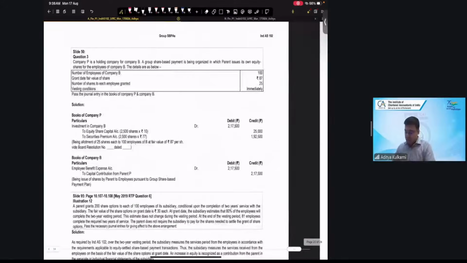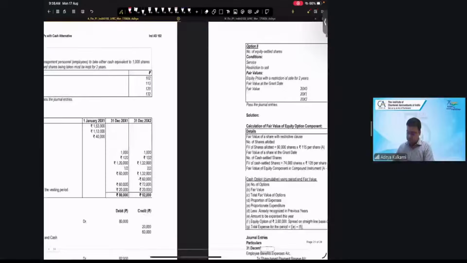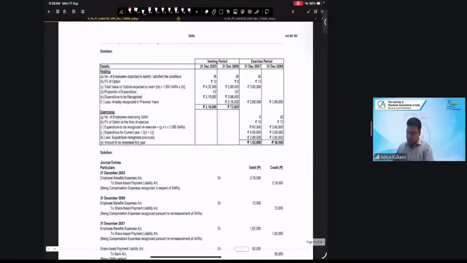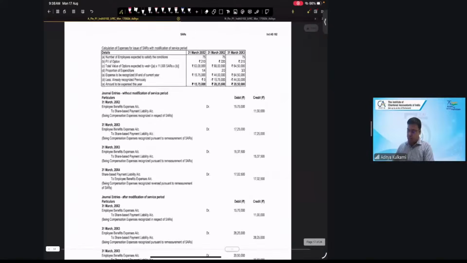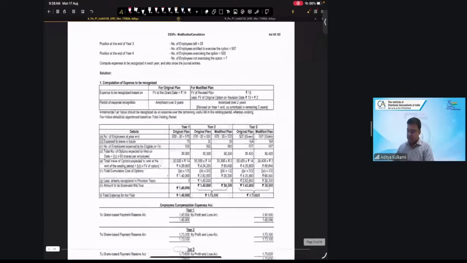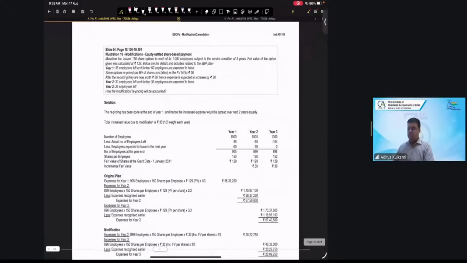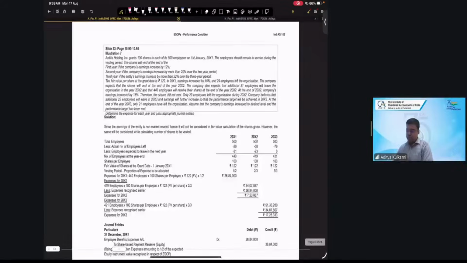SBPs with cash alternatives. We have also discussed group SBPs in detail. Now, SARs we have discussed, ESOP modifications, repricing, cancellations are discussed. Performance conditions we have discussed, market-linked performance condition, non-market-linked performance condition.